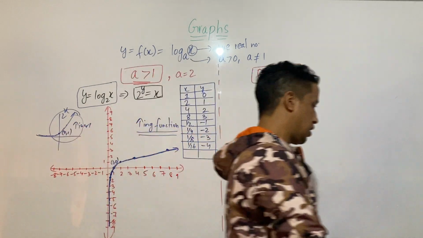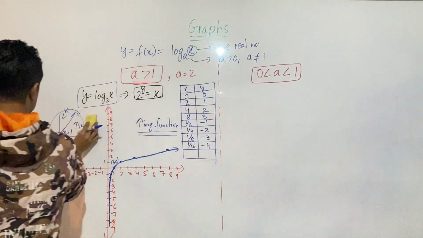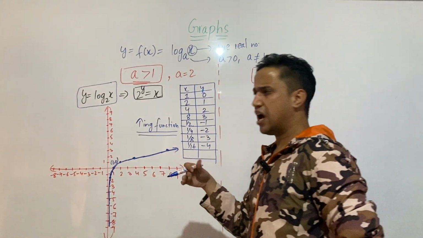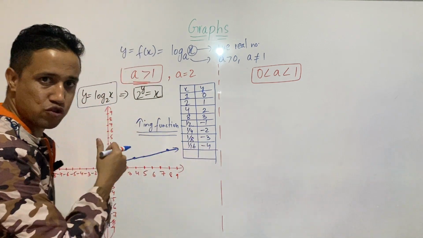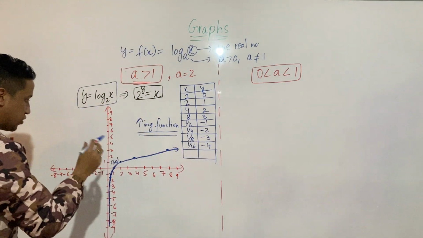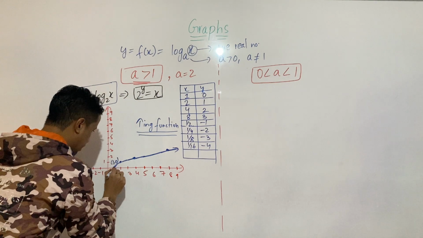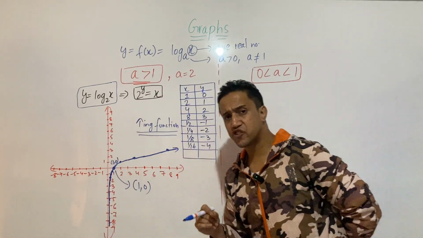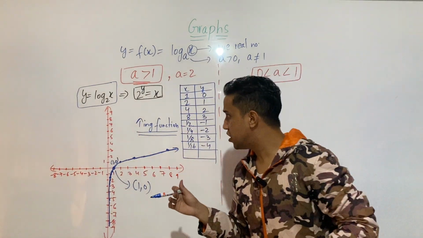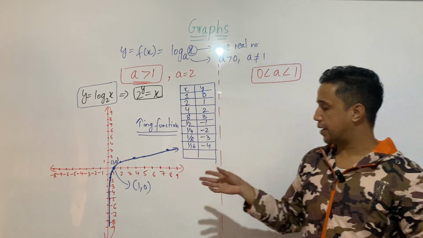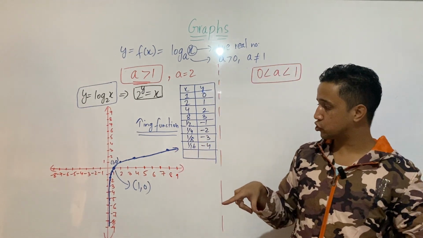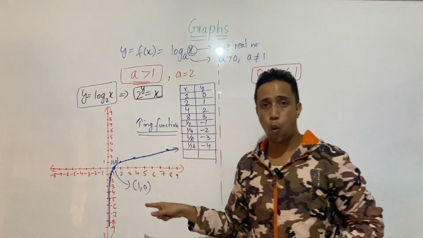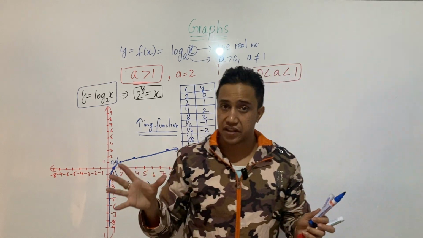Okay, same here. Now here there is one thing that you have to observe. Later on in the next session, we may compare the graphs of exponential and logarithmic function. So now see here, this point is very important, 1, 0. Why? Because no matter what your base is, every time you sketch the graph of any logarithmic function, this graph will cross the x-axis at this point, 1, 0, same as what we did in the exponential functions.